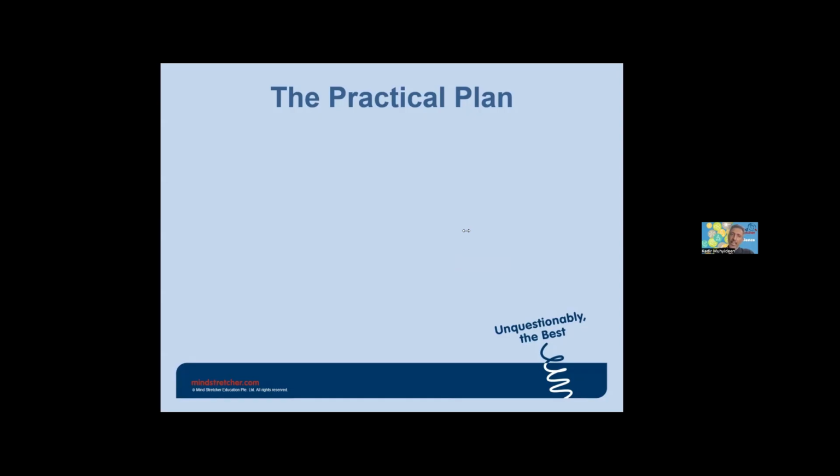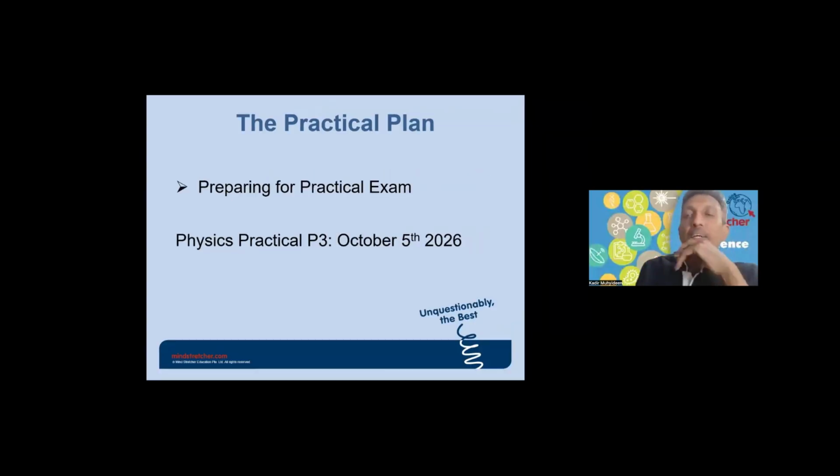8th October for combined science. That's right, yes, correct. 5th October, yes, very good, for the pure physics. For those doing pure physics, the practical paper is called paper 3, which is on October 5th.